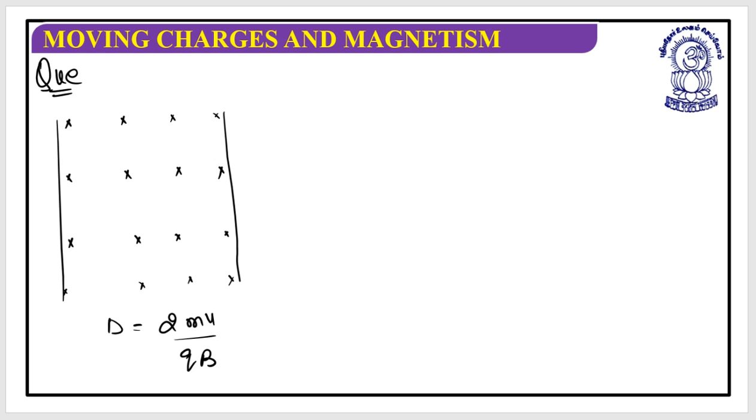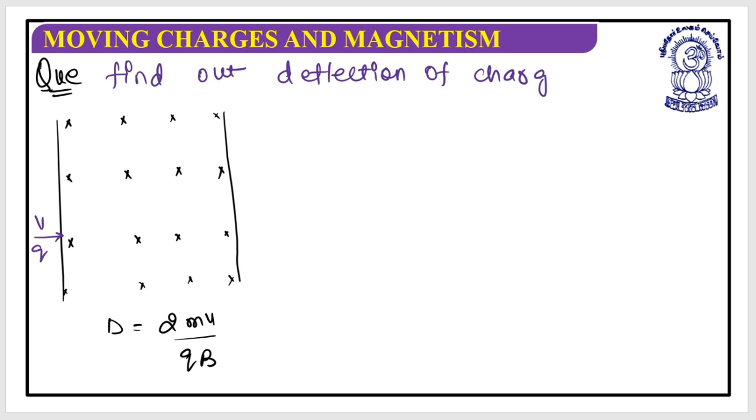What they are going to ask is, let's suppose a charged particle is going to enter from here with velocity v. Find out the deflection of charged particle q.